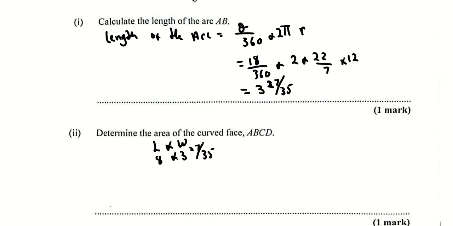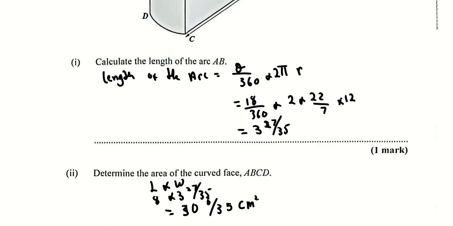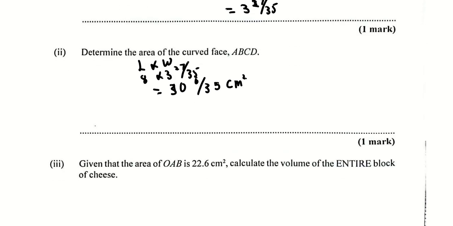Use a calculator just to multiply it, right? Multiply by 8. So the area of this is going to be 30 and 6 over 35. Alright, this is in centimeters squared, because this is an area. Let's recheck that. Is it in centimeters? It is. So that is the area of the curved surface.